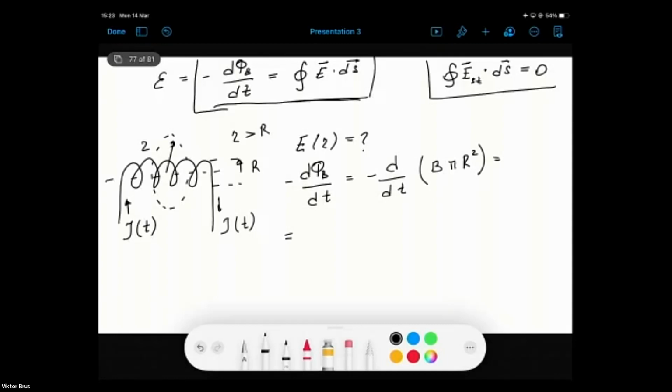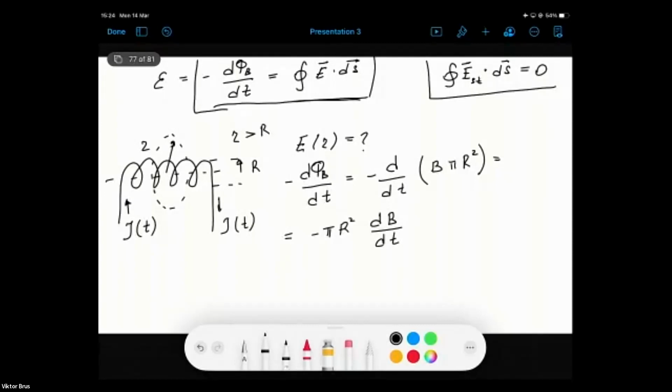It will be minus pi times R square times dB over dt. So we need to deal with the first derivative over time of the magnitude of the magnetic field.